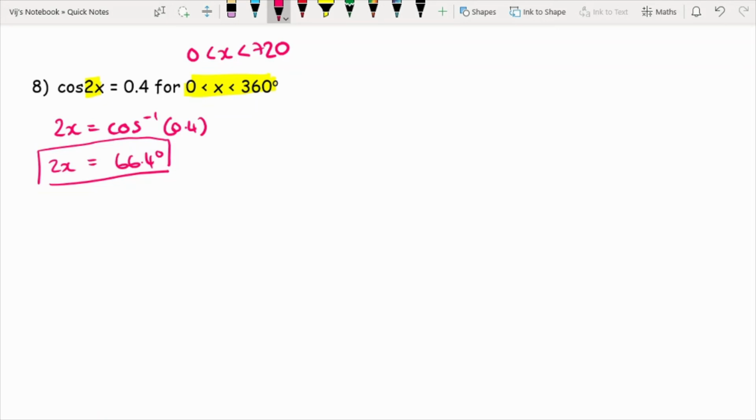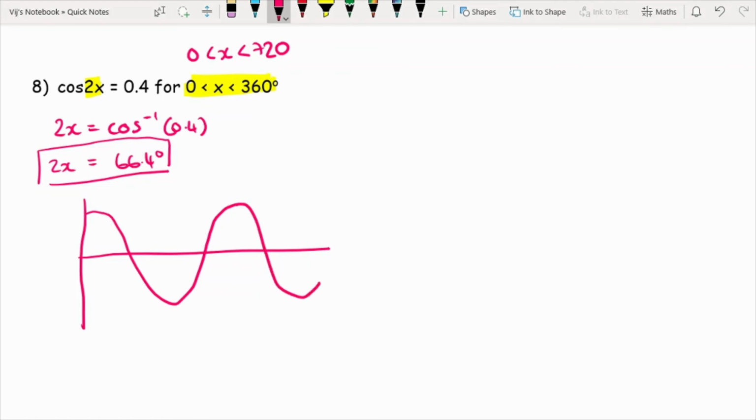So what I'm going to do now is draw my cos graph. That starts at 1. So that's up to 360, and then I'm just going to do the exact same, which looks like this. And all I'm going to do now is mark my intervals of 90.